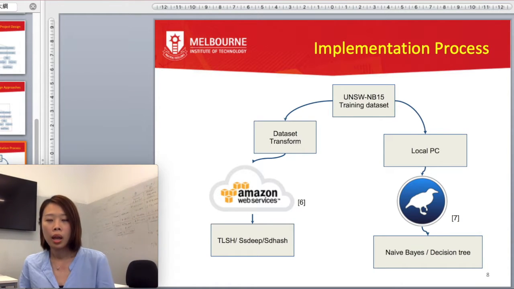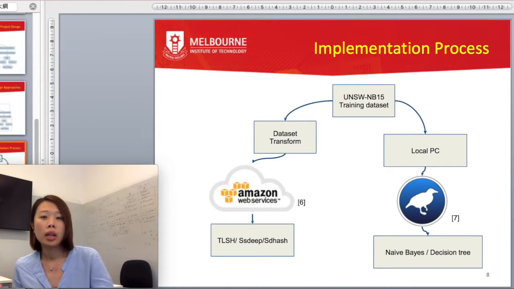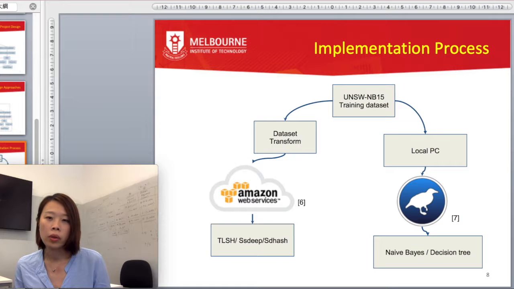Hello, let me introduce our implementation process. We want to use the same database, which is the published training dataset UNSW NB15. First of all, we need to transform the dataset into the format that TLSH, SSDeep and SDHash recognize.